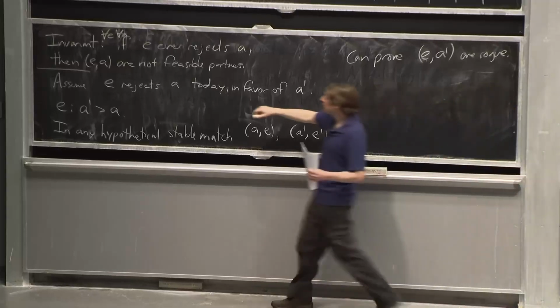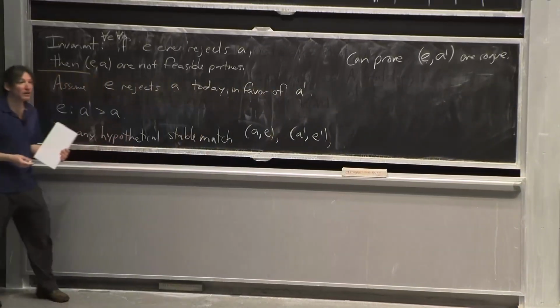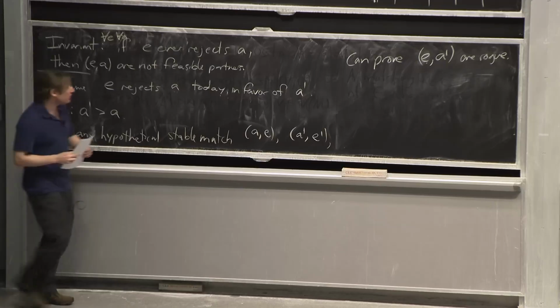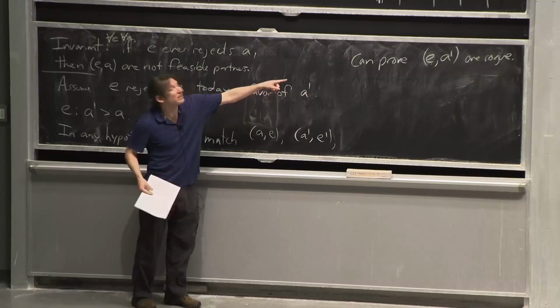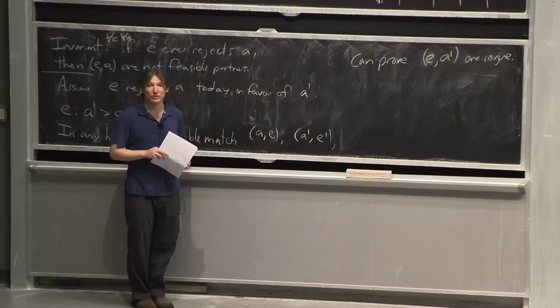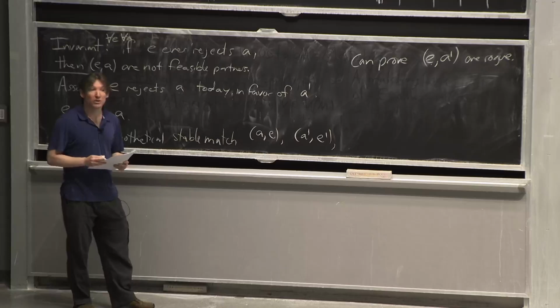So because E rejected A in favor of A prime on some day in the algorithm, you can show that anytime you try to pair A with E together in a stable matching, actually it's not stable because E and A prime are rogue. They each prefer each other. You'll see the details of that in recitation tomorrow. Thank you so much.